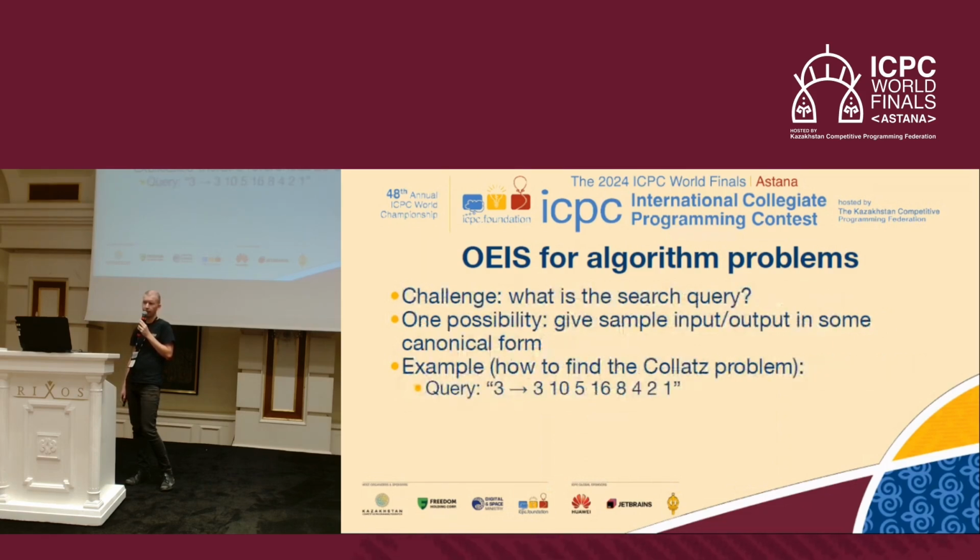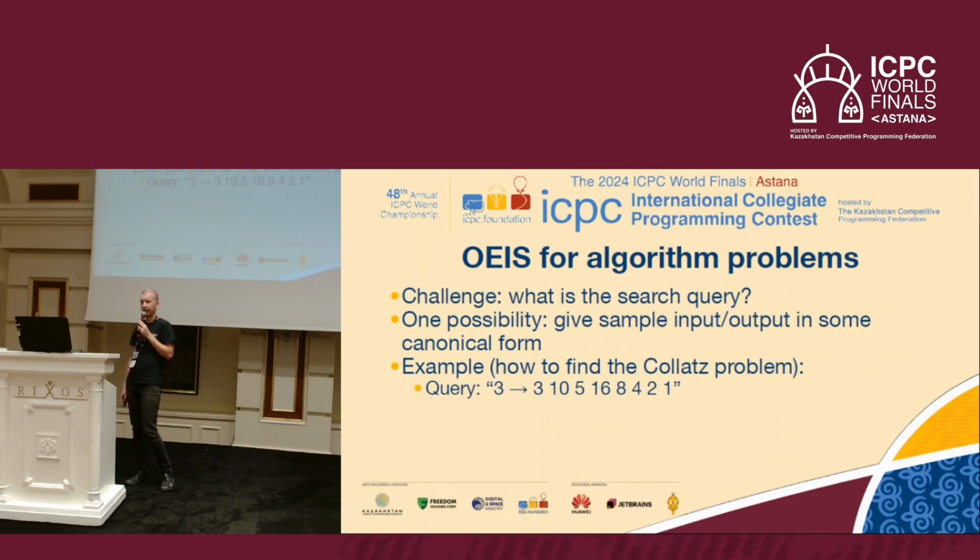Of course, one difficult thing is how to do that, because if you have some number sequence, it's easy to find by giving some first numbers. But then how to do that for problems?